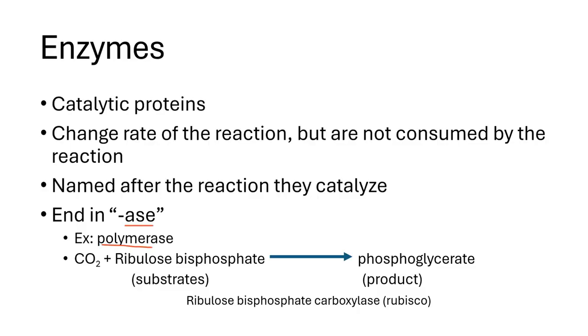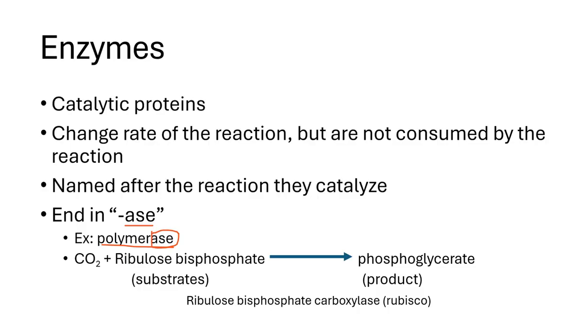Here we have the example of polymerase. It has that -ase ending that lets you know it's an enzyme, and we've got the word polymer. So this is an enzyme that makes a polymer. It could be DNA polymerase, which helps to make the DNA molecule, or RNA polymerase, which helps to make RNA.